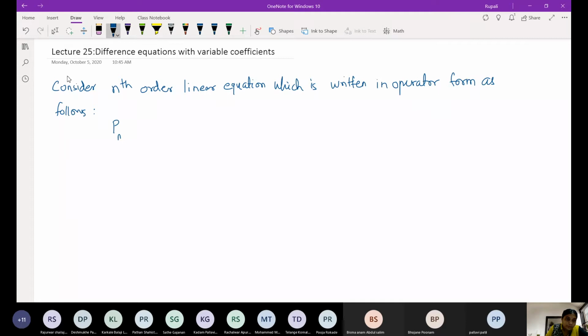P_n(t) E^n plus and so on, plus P_0(t), operated on y(t), is equal to r(t). Now here P_n(t) and P_0(t) are not just constants.